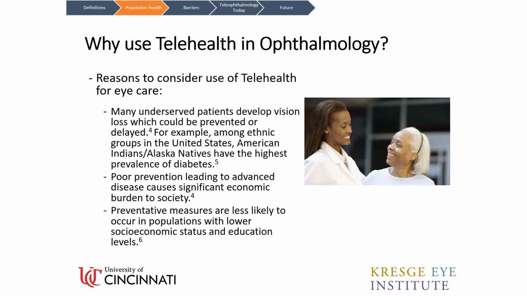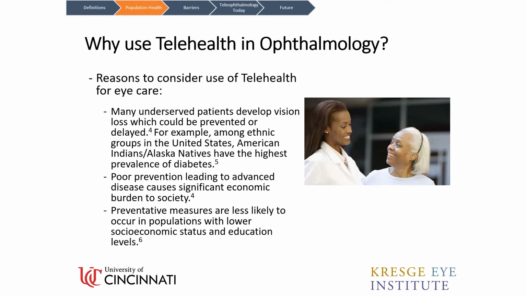Some reasons to consider using telehealth for eye care include the fact that many underserved patients develop vision loss, which could have been prevented or delayed. Race, ethnicity, and low socioeconomic status are associated with increased rates of vision loss, placing vulnerable groups at higher risk. In addition, systemic diseases, which may have ocular manifestations, have higher prevalence among certain populations.